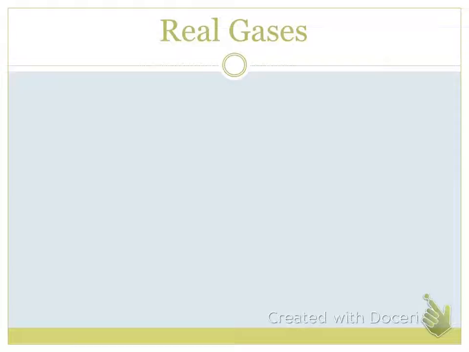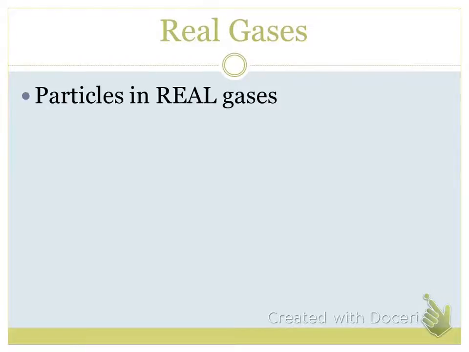So now let's look at what it means to be a real gas. Particles in real gases do have their own volume. That means each tiny particle of gas takes up some amount of space. In ideal gases, we don't consider that volume because it's so small.